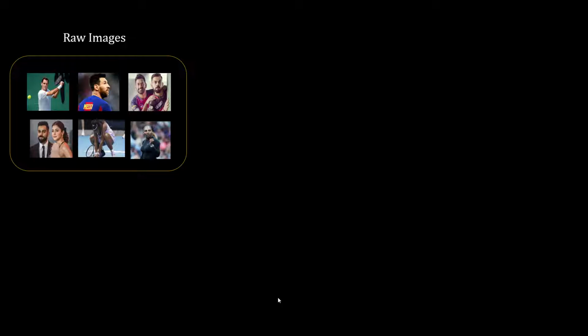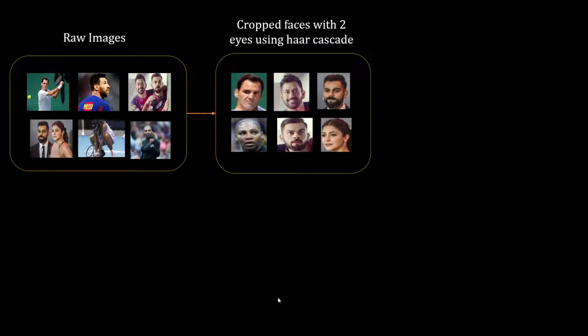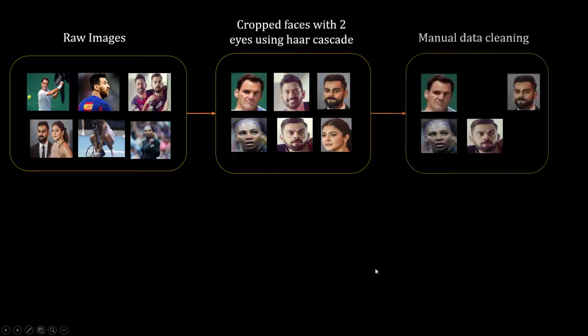Just to go over the overall data cleaning process, you had raw images, you created cropped faces, you detected basically the faces out of all these images. You also discarded some images where faces were obstructed, such as Messi's and Serena Williams' pictures. Then you run a manual data cleaning process where you delete unwanted images.